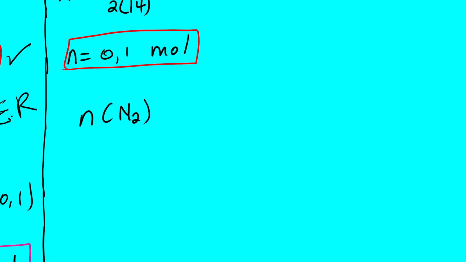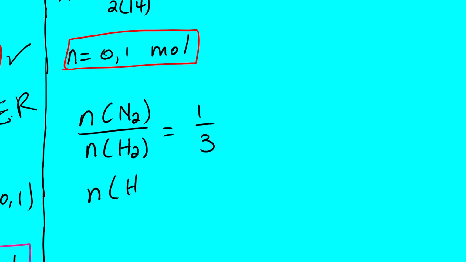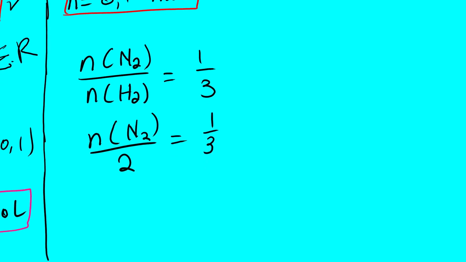We can go ahead and calculate this one. So we have number of moles of nitrogen over number of moles of hydrogen equals 1 over 3. I repeat the step, it's 2 and then equals 1 over 3.